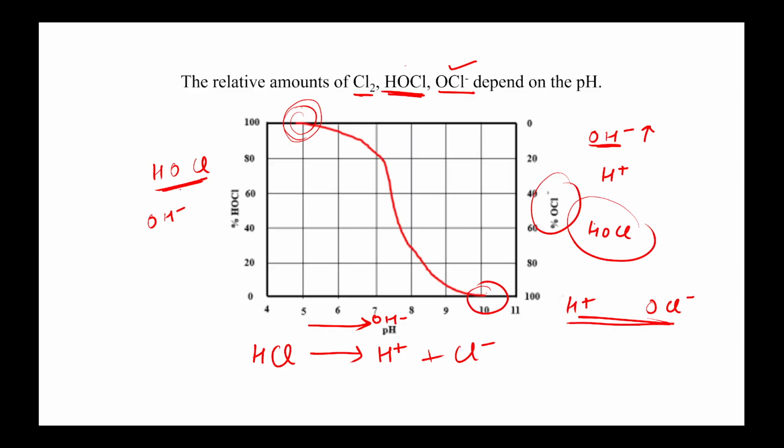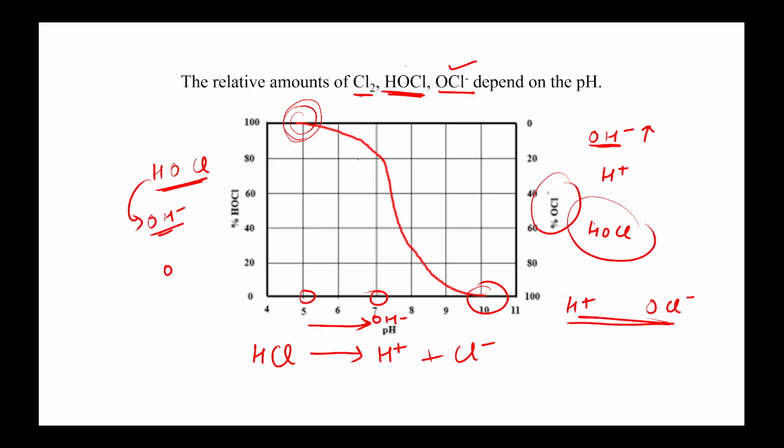Some HOCl molecules will start releasing H plus ions to neutralize this OH minus ion, so that the pH is maintained. If we add OH minus ions so that pH shifts from 5 to 7, HOCl will now dissociate into H plus ion and OCl minus ions.